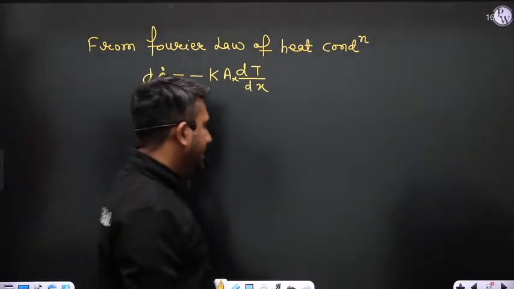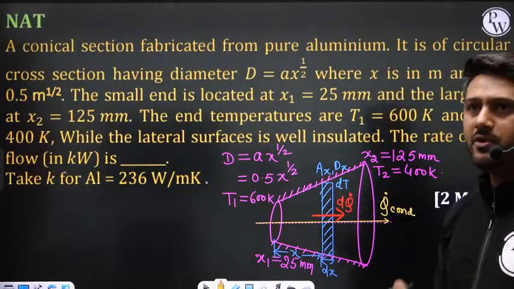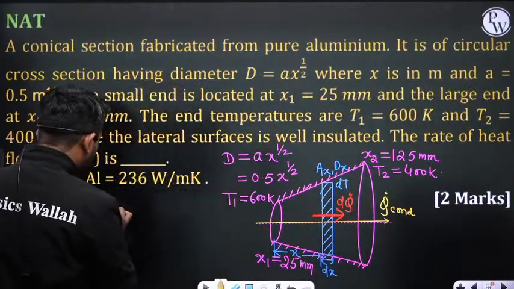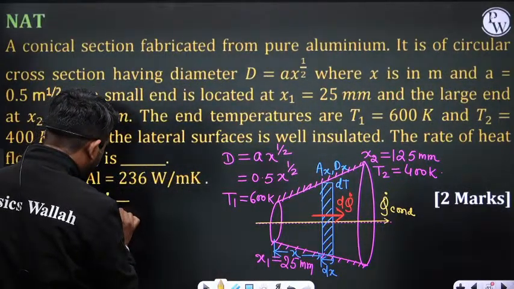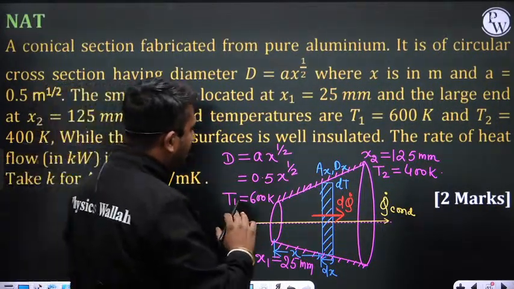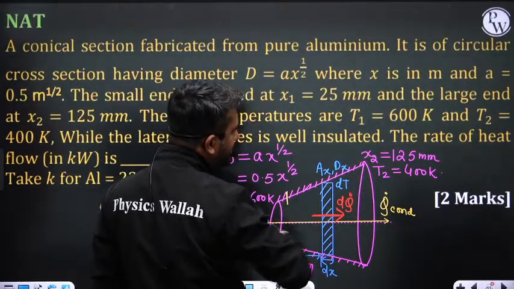Now see here, if I ask you what is the relation between dq dot and q dot, because this q dot is not a function of x. If you ask me what is the rate of conduction heat transfer at this section, it is q dot.